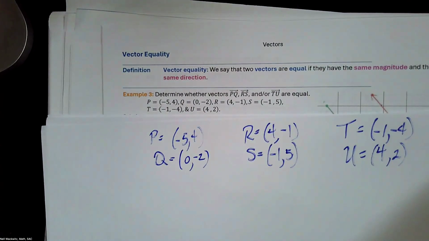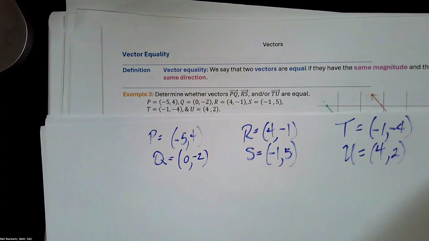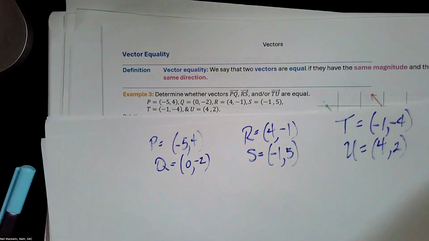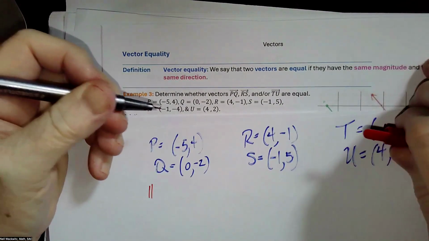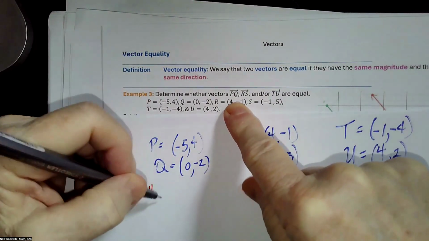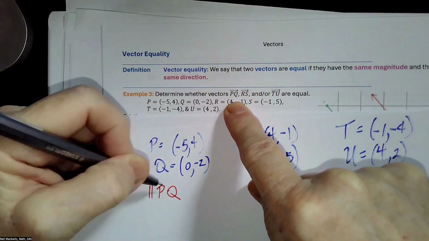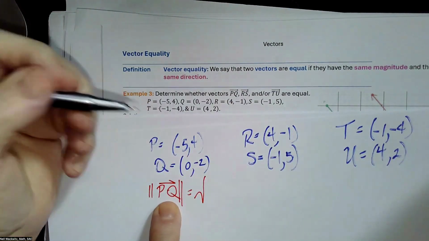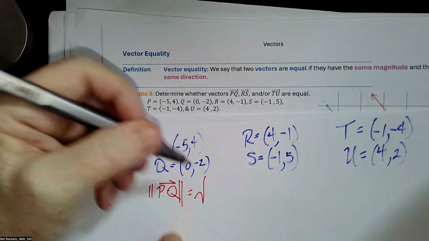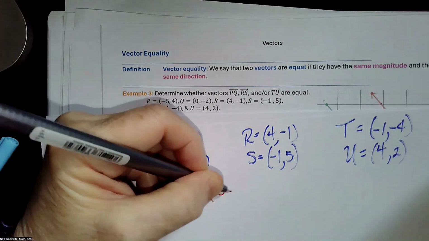And let's start out by finding all of these magnitudes. We're looking at PQ. So let's see, X coordinate of Q is 0.